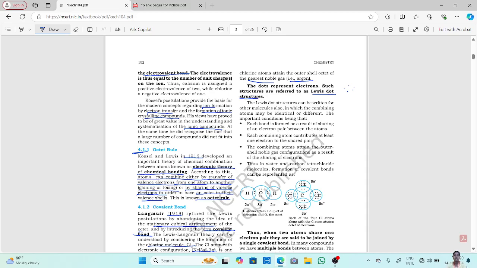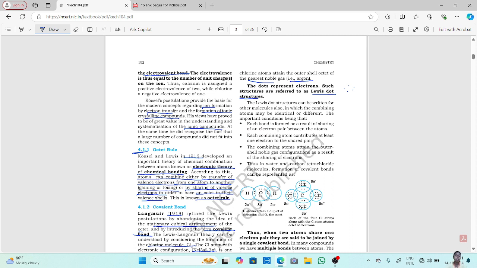Lewis dot structures can be written for other molecules also, in which the combining atoms may be identical or different, like identical molecules H2, N2, F2, or molecules with different atoms.